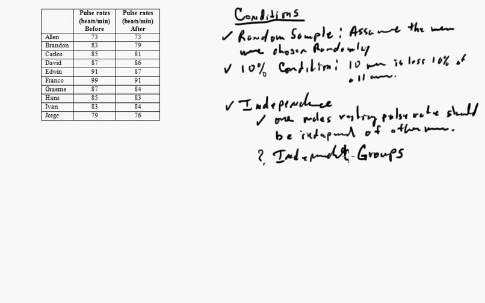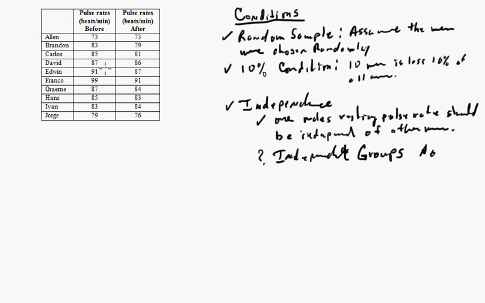And there we can see that no, they're not independent. Okay, that this group is not independent. These are the same men. So as you can kind of see, here's Franco has a very high resting pulse to start, so it went down, but it's still high. And then you might find somebody else. Here's Alan. His resting pulse sort of stays the same, but it's low to begin with and low after.